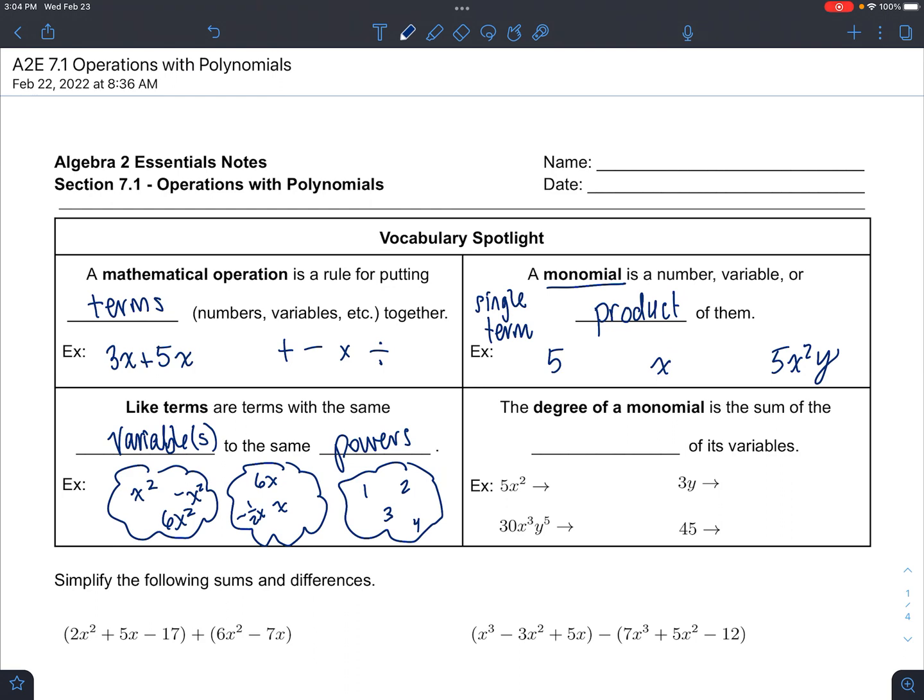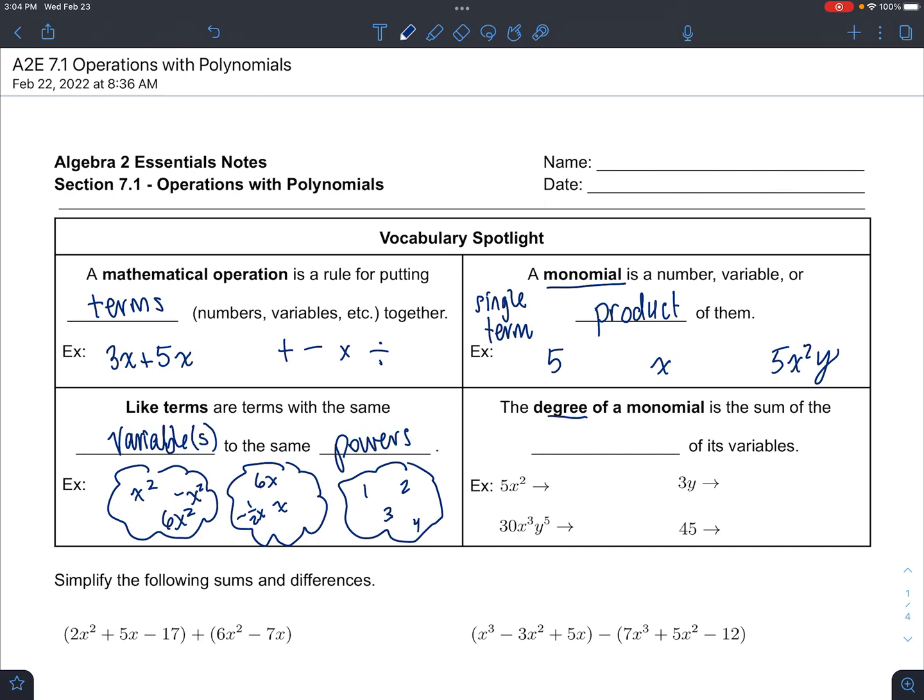Those three groupings are the most important, but of course there are many other types of groupings. We could look at the terms that have an x and a y in them, or terms that have a y to the fourth power, and all of those group together with adding and subtracting. And we'll see that here in just a second.